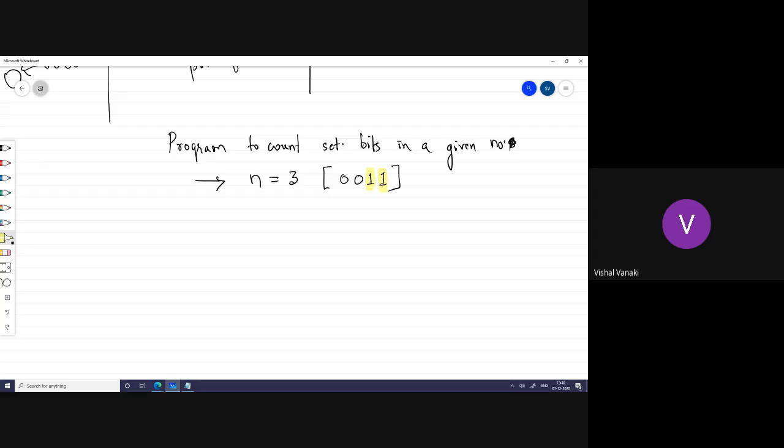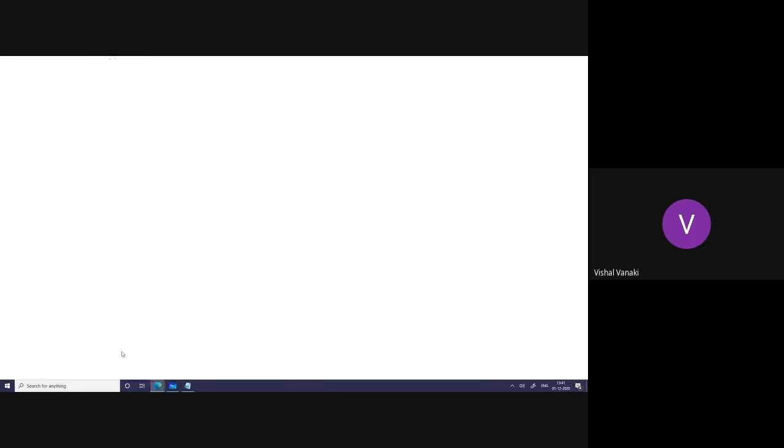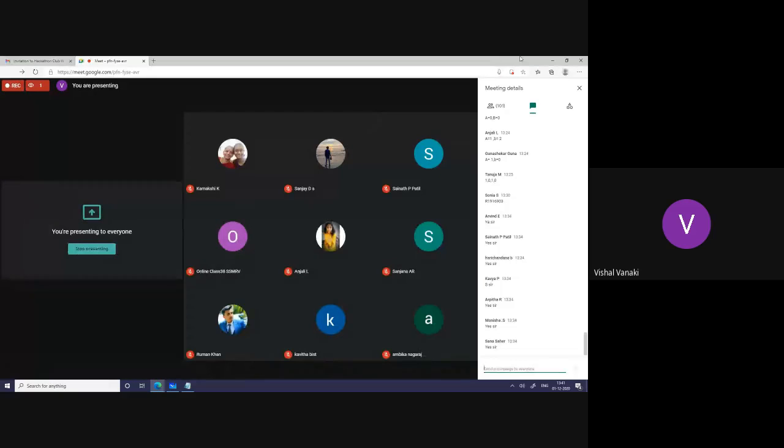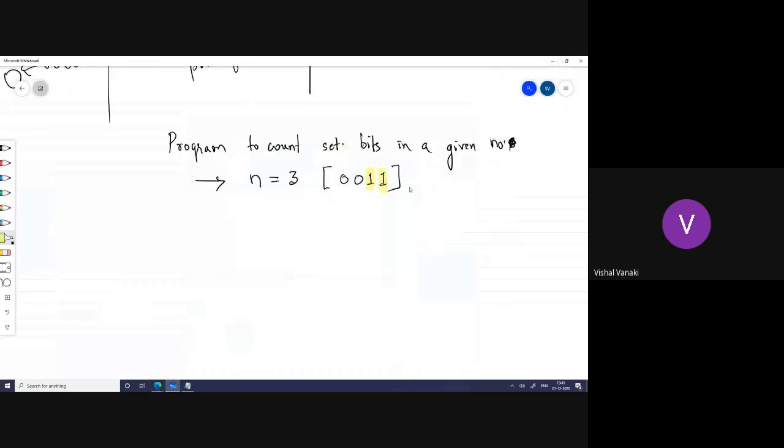Now, can you tell me what logic you will implement to count the number of set bits in a given number? How can we build the logic for this? Can anyone tell me? If you want, you can message or you can talk.